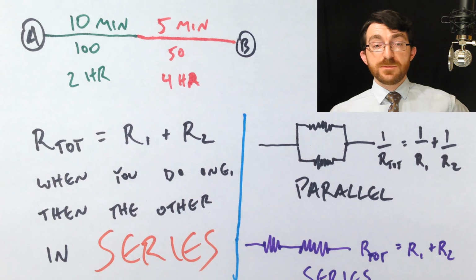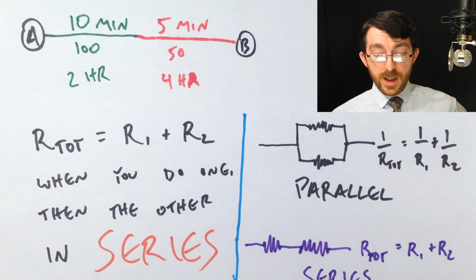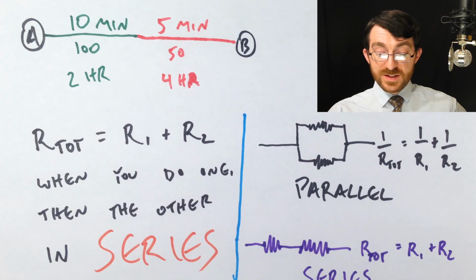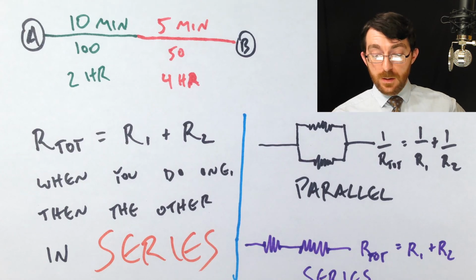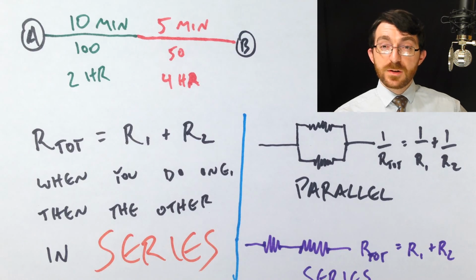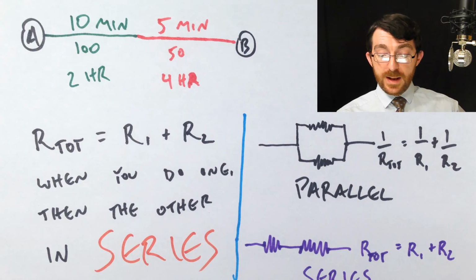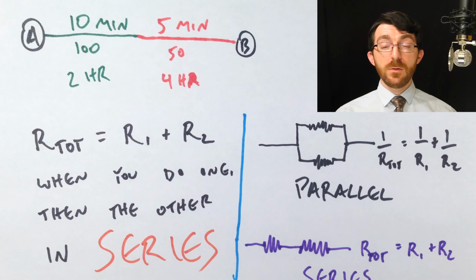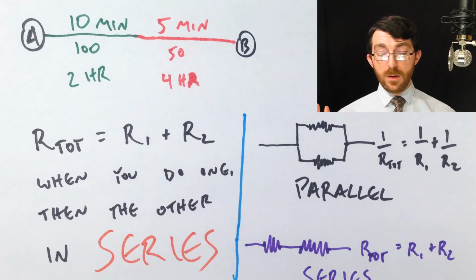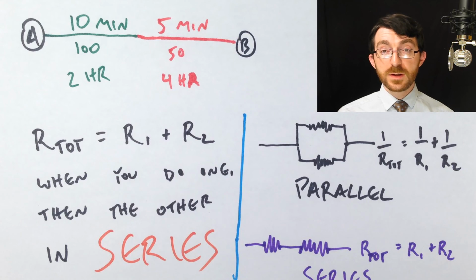And these are just two different ways that you can combine really any electrical component, but in particular resistors. It's just the first component that you end up adding up. So I'm going to prepare some really basic circuit combinations for you to do, and then we'll move on to something more complicated.